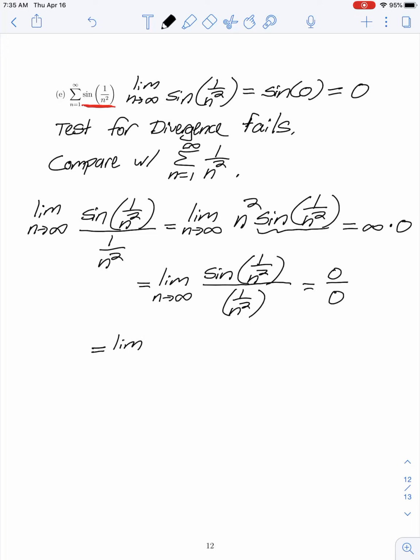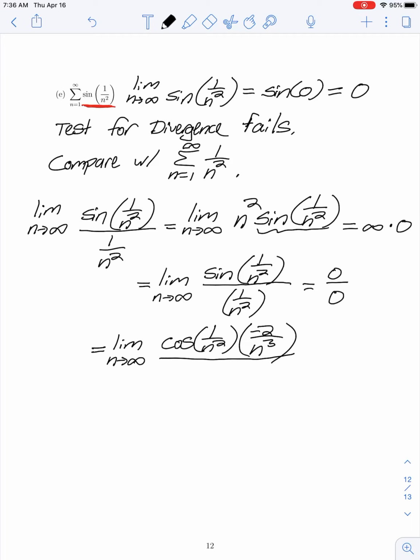L'Hopital's rule says that we look at the limit of the ratio of our derivatives. The derivative of our numerator, the derivative of sine of a function, is cosine of that function, 1 over n squared, times the derivative of the inner function. Now the derivative of 1 over n squared, or n to the negative 2, is negative 2 n to the negative third, or negative 2 over n cubed.